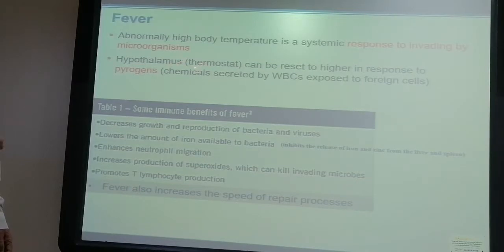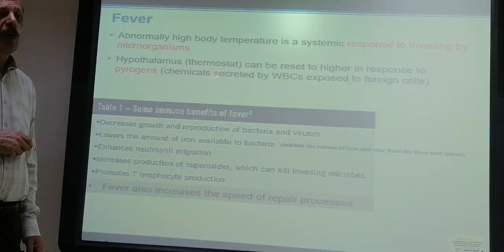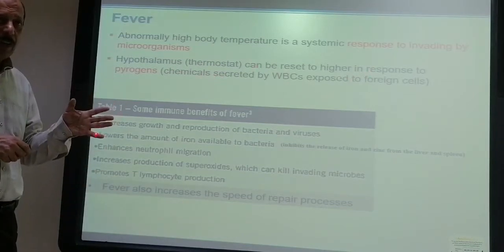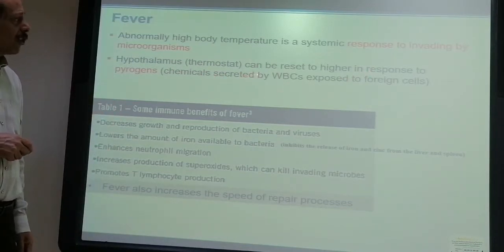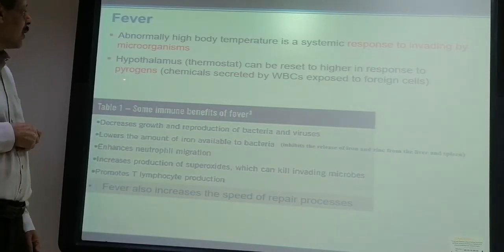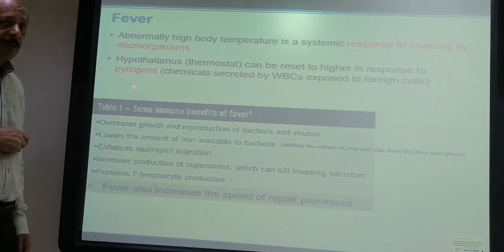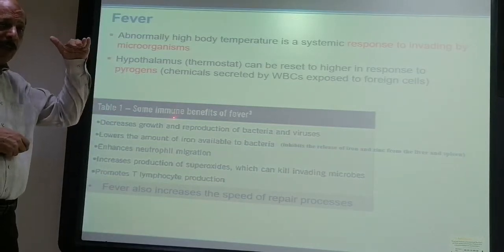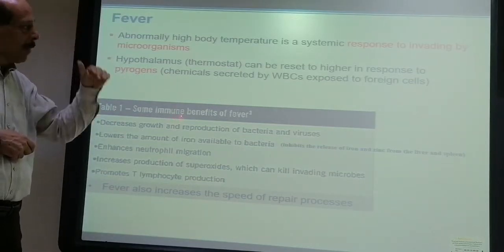Most of the time when we are getting infection with microorganisms, fever will be there. The hypothalamus, you know that it is the thermostat of our body that regulates the body temperature, can be reset to a higher level in response to pyrogens. So it will be set to a higher degree.